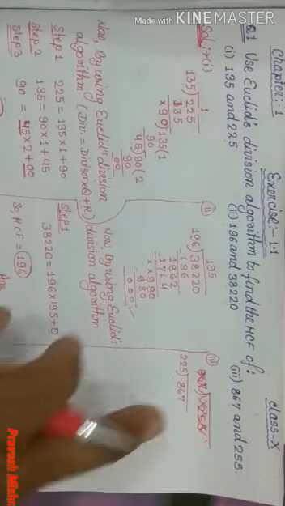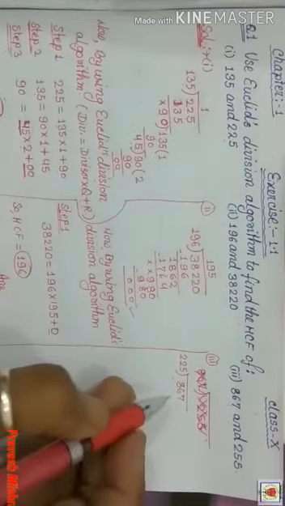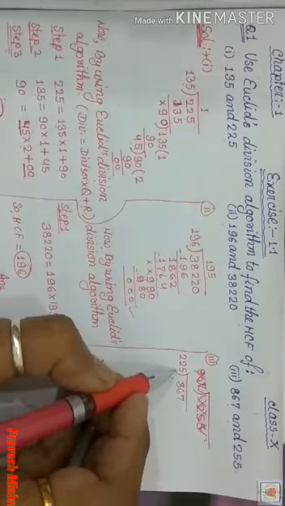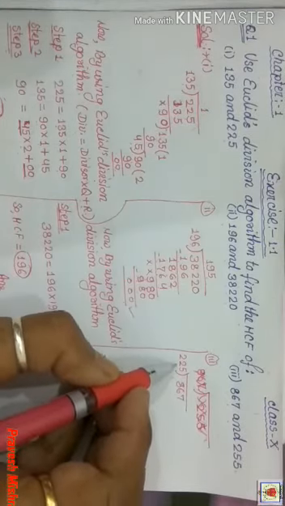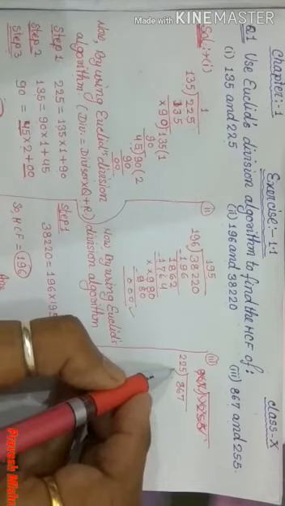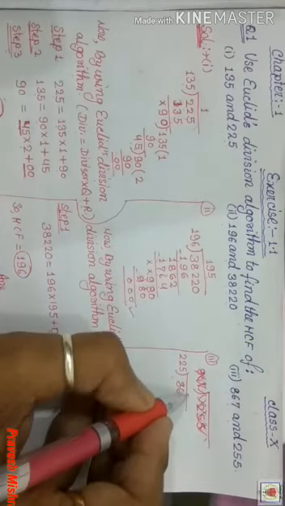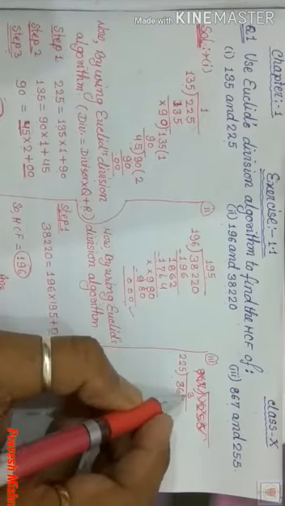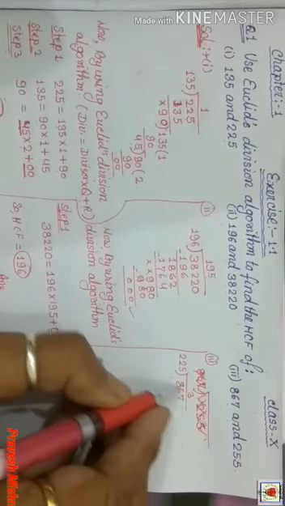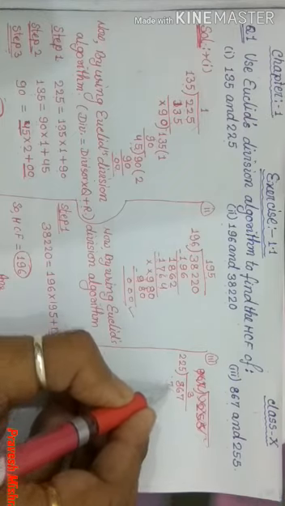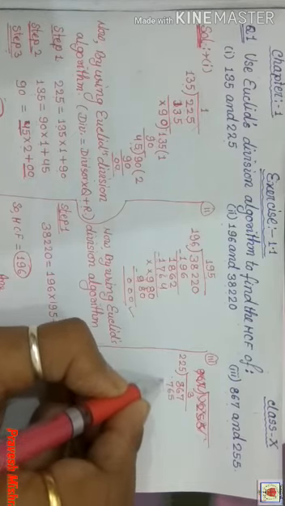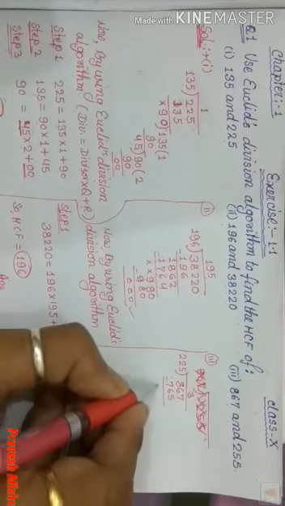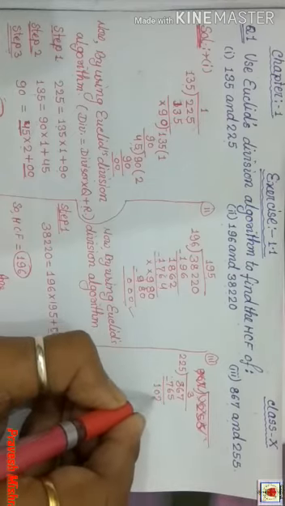Okay, now in the third question, taking 867 as a dividend, 225 is the divisor, so 3 times you will take. Now 765, subtract this number from this number, you will get 102.